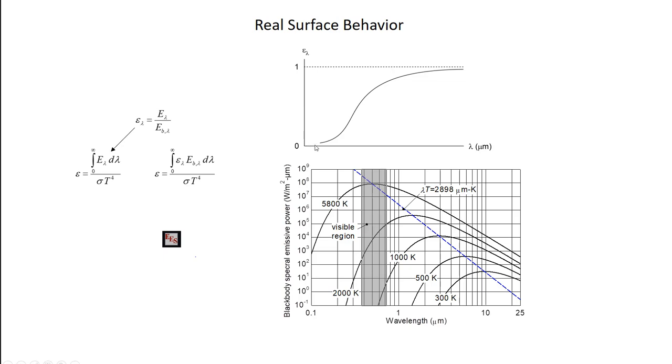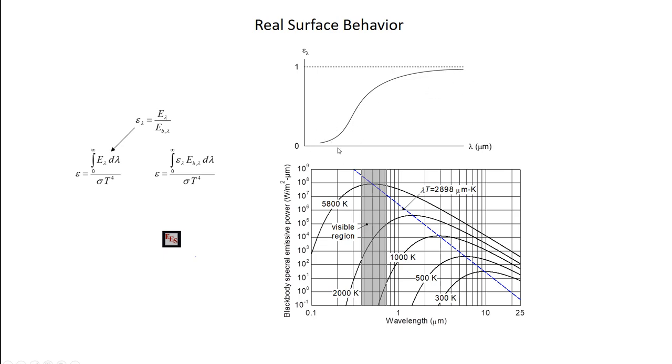So let's imagine using this hemispherical emissivity for a very high temperature surface. If I have a very high temperature surface, then the black body emissive power is really high at lower wavelengths, right? So when I do this integral, these lower wavelength values are going to matter more than these higher wavelength values.